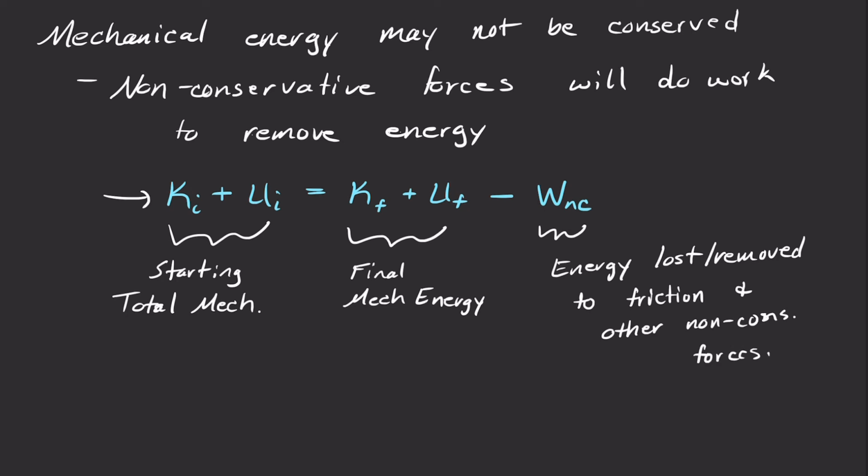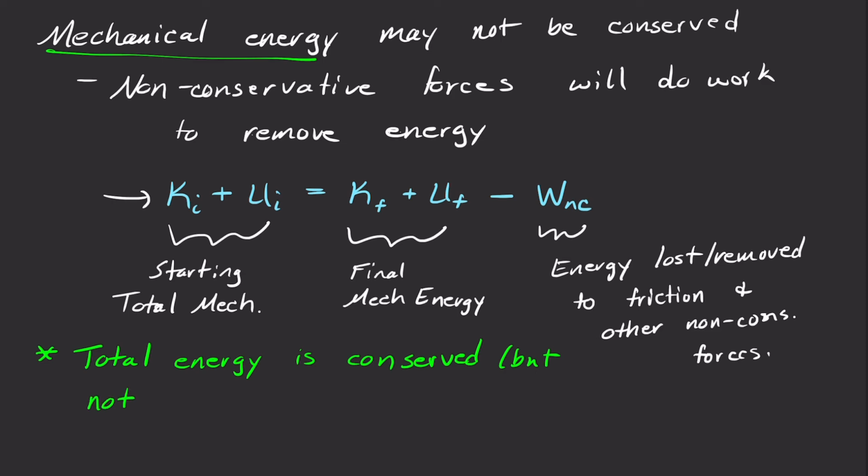Just to be clear, total energy is always conserved. So this energy that's lost to heat or friction went somewhere. It went to heating up other things that are outside of the system. But it's no longer mechanical energy that we can use. So it's still conserved, it's still there, but the energy in the system is not conserved.